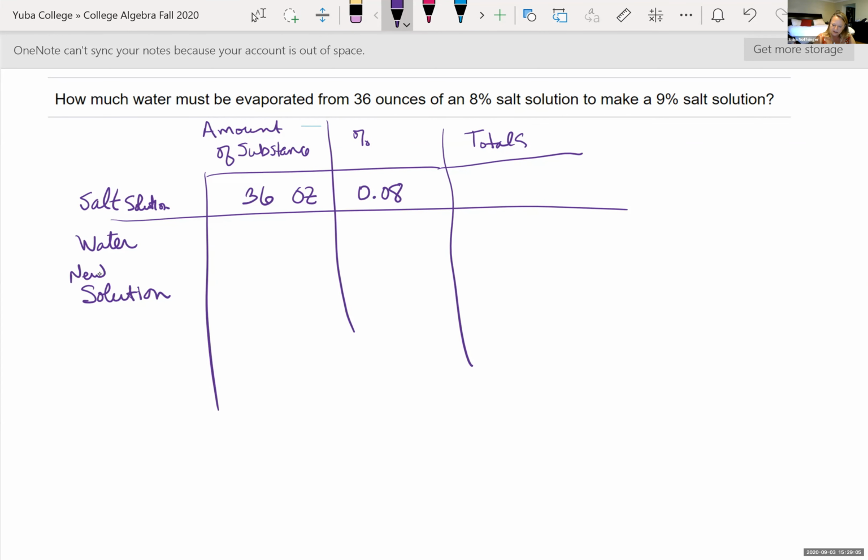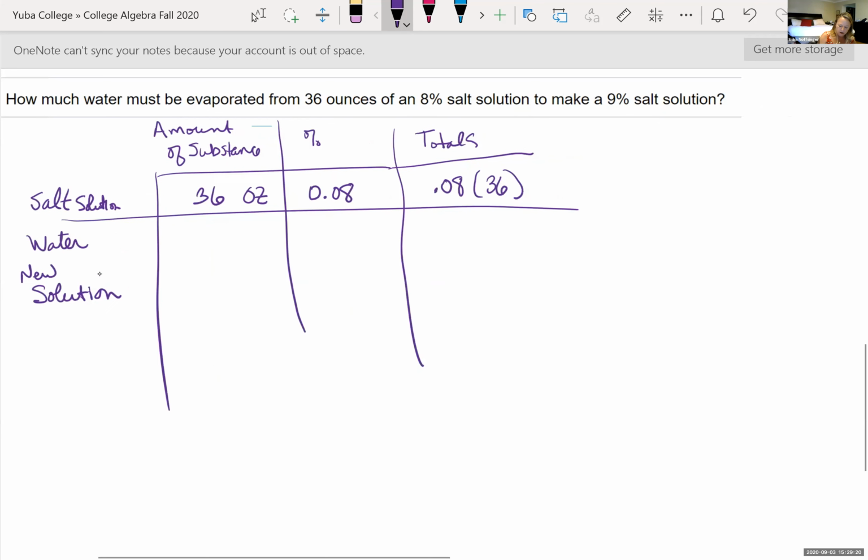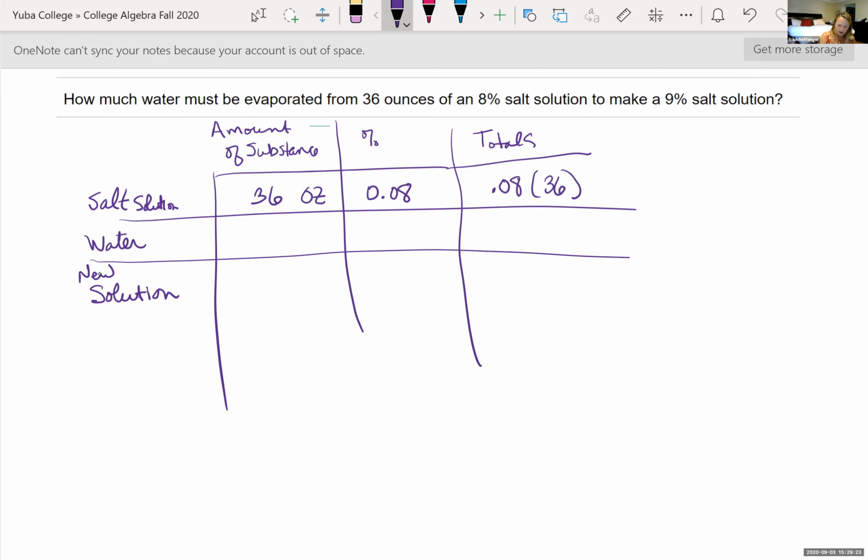So how much water? So let X equal the amount of water evaporated.